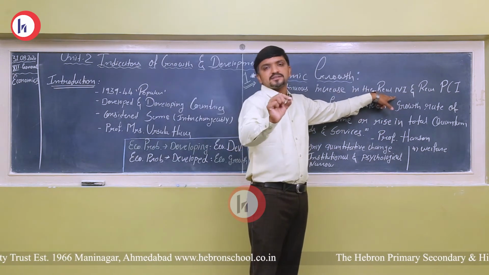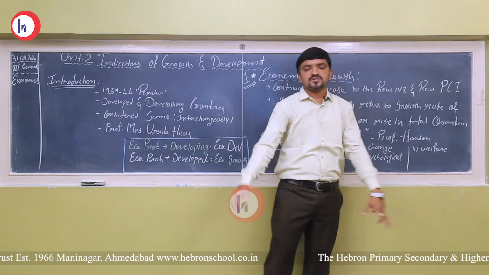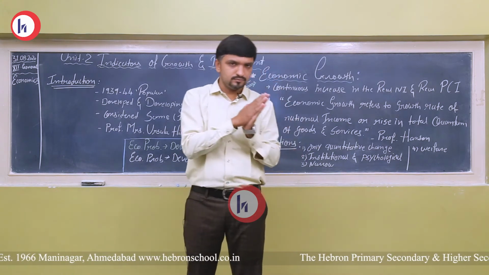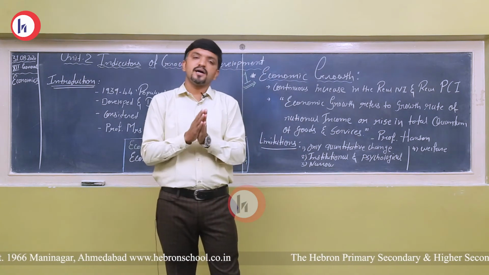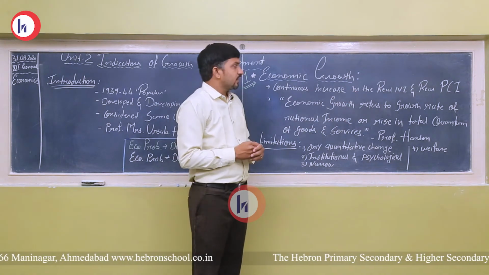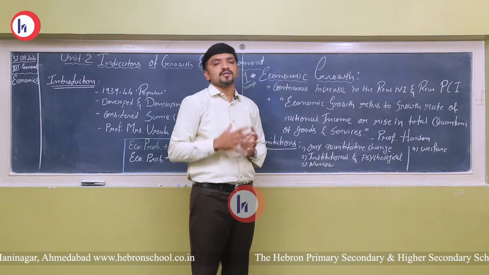Here NI stands for national income, PCI stands for per capita income.